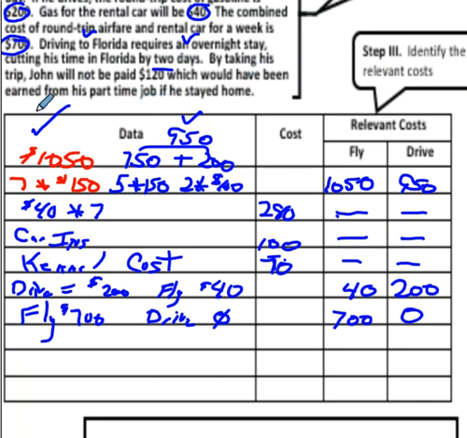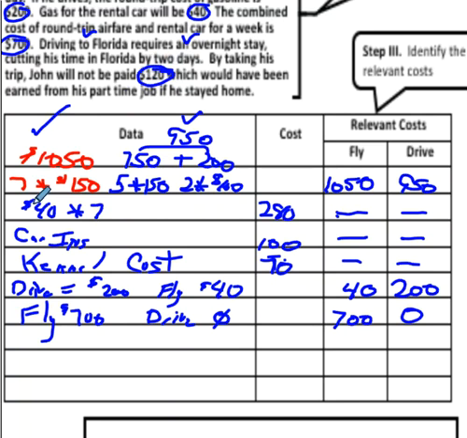Also, by taking this trip, John will not be paid $120, which would have been earned from his part-time job if he stayed home. What you could say is, okay, John is foregoing an opportunity cost of $120, because he's giving up $120 to take his trip.